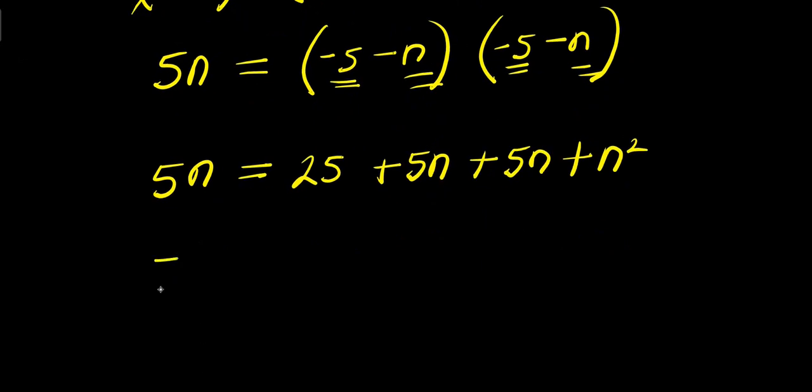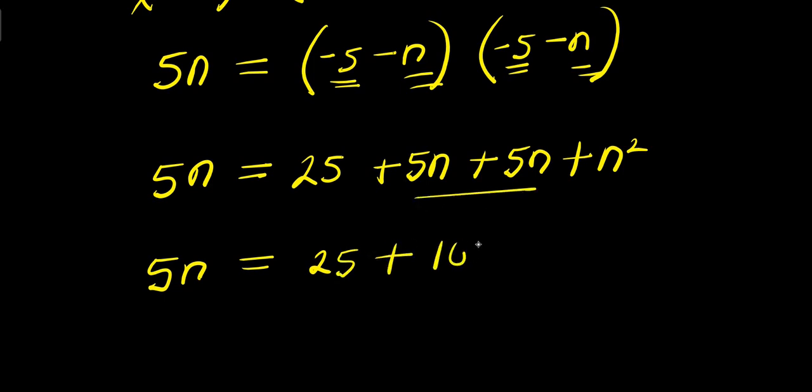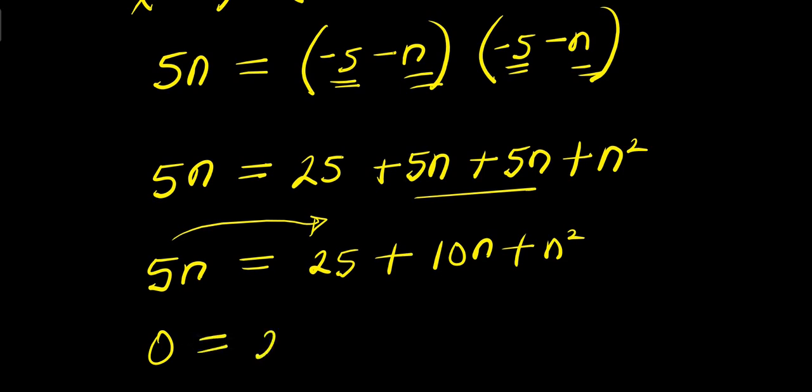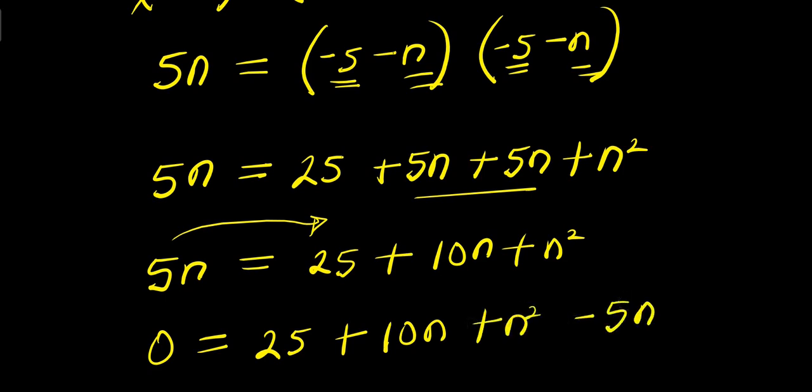So from here, you have 5n equals 25 plus 10n plus n squared. So you can easily move this over here. This is 0 equals 25 plus 10n plus n squared minus 5n.